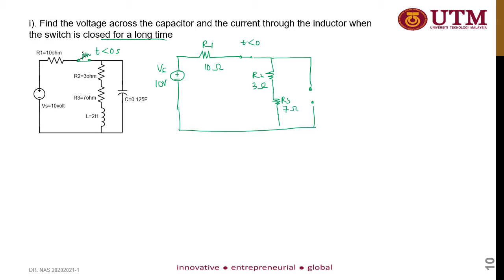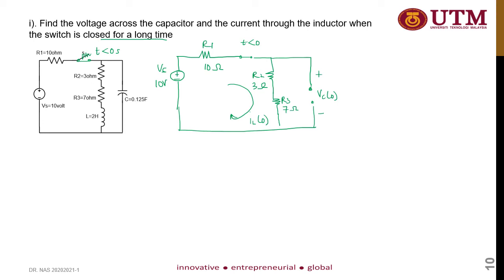Okay, so you need to determine the current across the inductor, so IL in the main loop, IL0, and also the VC is VC0.